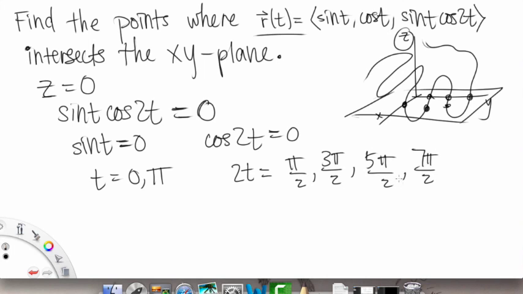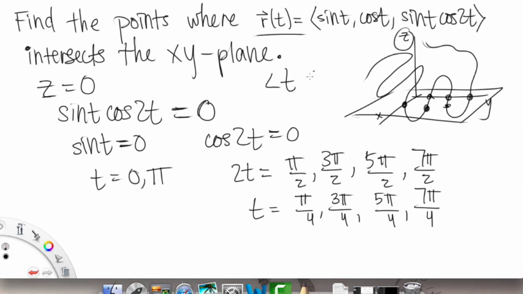When we divide each of them by 2 to get t, we have pi over 4, 3 pi over 4, 5 pi over 4, and finally 7 pi over 4, which are definitely within the range of t from 0 up to 2 pi. We don't want to repeat anything, so we're just going one cycle around, and these are all in one cycle.